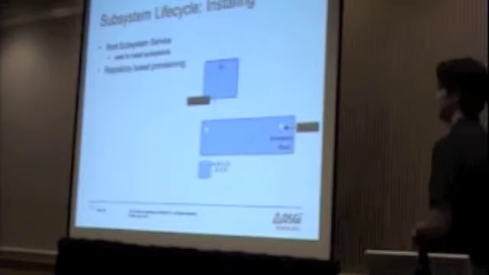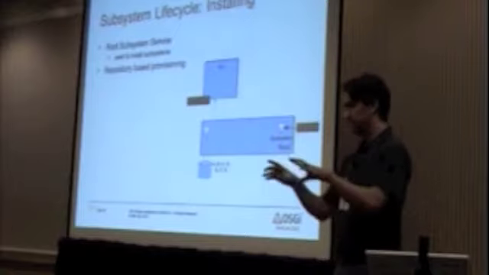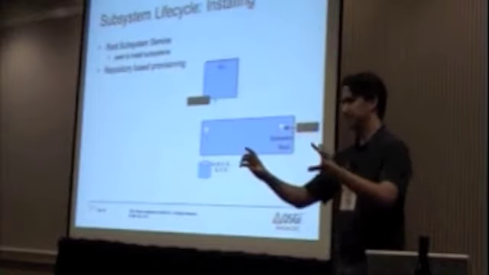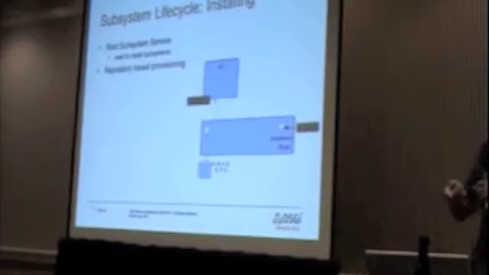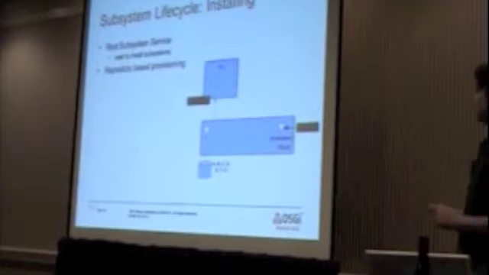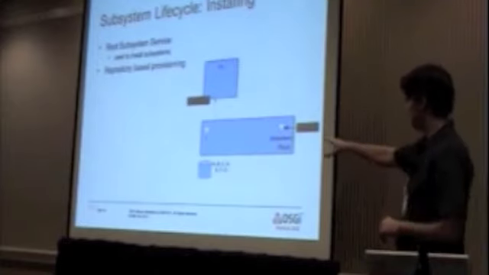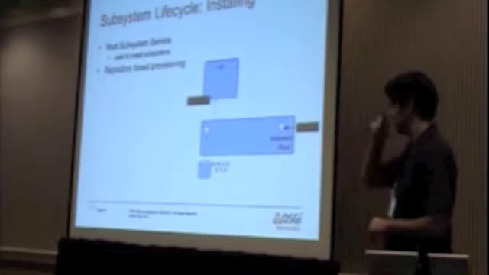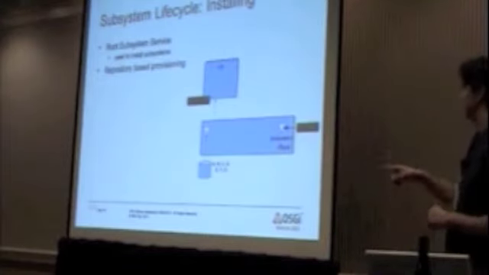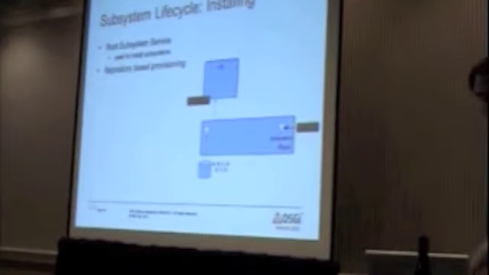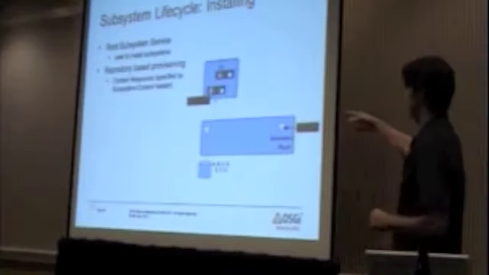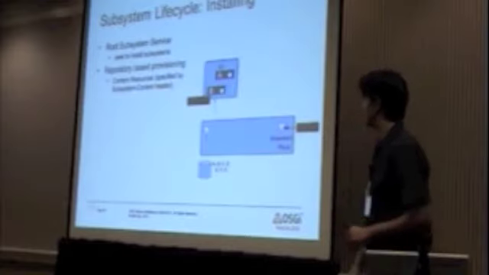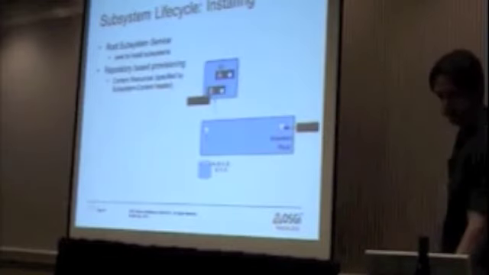This can be repository based. It just reads the subsystem content, and from the symbolic names, version ranges and types, figures out what resources it needs to install. I can get those from the repository service that's also included in R5 in order to discover the actual resources. In this particular case, this application is made up of A and B, so it gets those bundles installed.